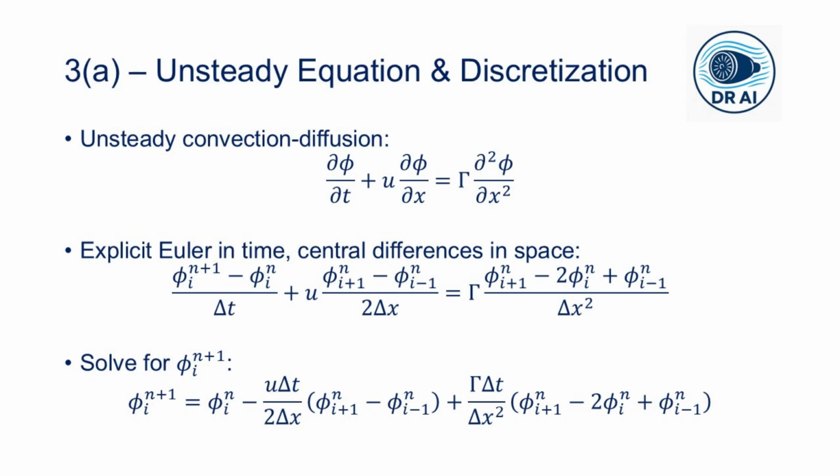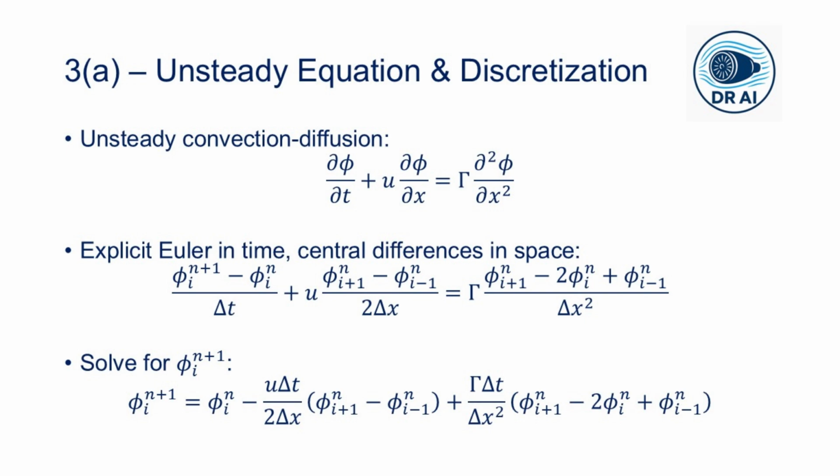In finite difference form, it is phi i n plus 1 minus phi i n divided by delta t, plus u times phi i plus 1 superscript n minus phi i minus 1 superscript n divided by 2 delta x. Now we have to solve for phi at the advanced time n plus 1. If we rearrange this, this is the finite difference equation, and we will analyze it for stability.